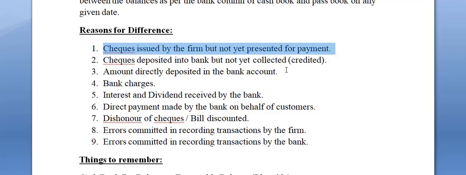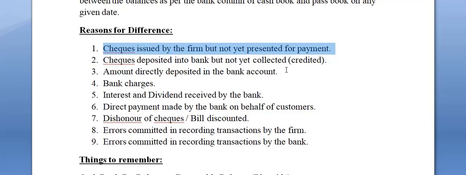In the cash book you have written towards the credit side as payment, but the same has not been presented for payment. That is, from your cash book, the bank balance is getting decreased when you make the payment. Obviously, the cash goes out of the bank, so the bank balance must decrease.